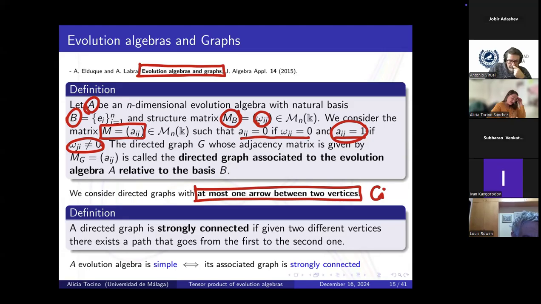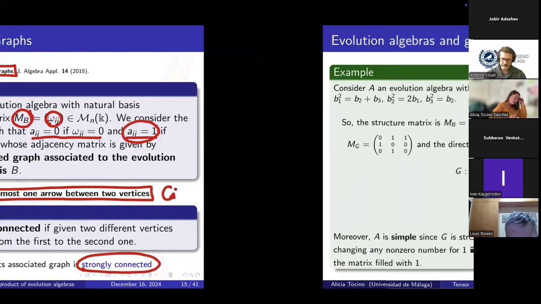A directed graph is strongly connected if, given 2 different vertices, there exists a path that goes from the first to the second one. And there is a characterization of evolution algebras that says that an evolution algebra is simple if and only if its associated graph is strongly connected. We're going to use it also.